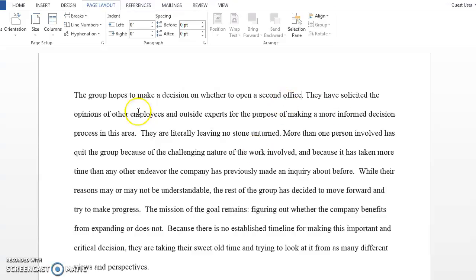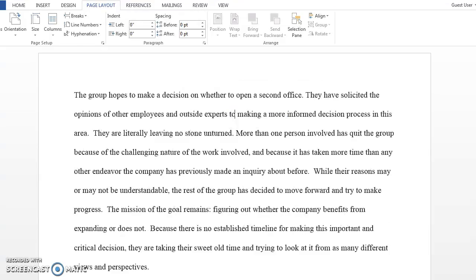They have solicited the opinions of other employees and outside experts for the purpose of making a more informed decision process in this area. That's a lot of words. Let's go with for the purpose of making. Let's start there. Look at this magical little word I know: to.